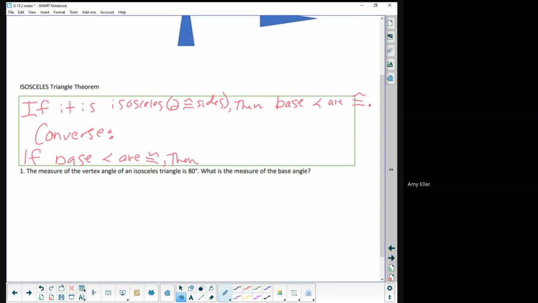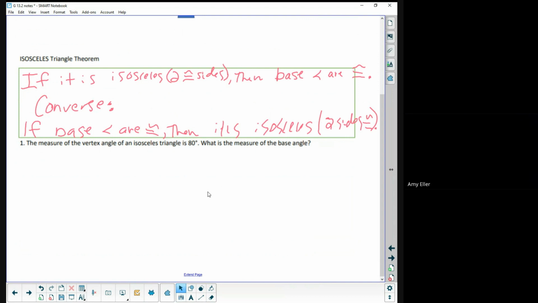If base angles are congruent, then it is isosceles. Not all statements can be flipped and still be true, but this one can be. So it's sort of one theorem, sort of two, because it's the converse.